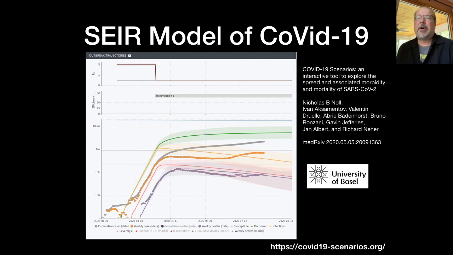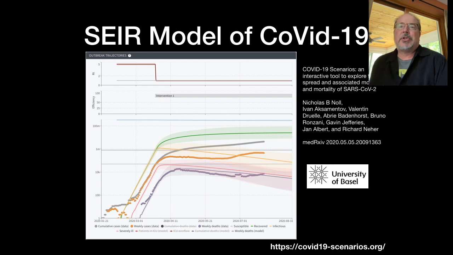This model was developed by several scientists at the University of Basel in Switzerland, and they have made this interactive model available online. This model is able to take in data from real reporting of, in this case, the United States, and we can see here in the orange points the weekly cases of COVID-19 as reported across the entire United States.